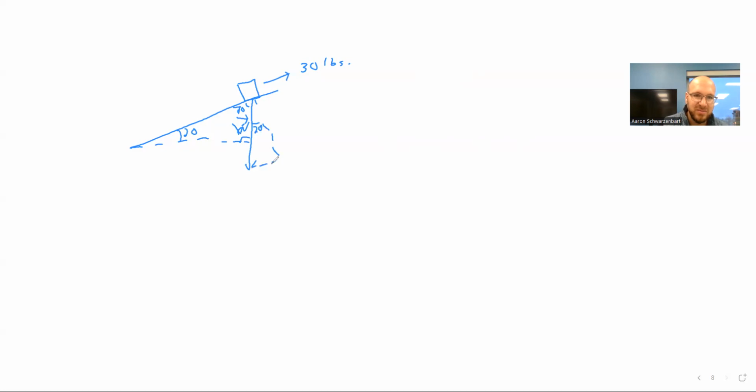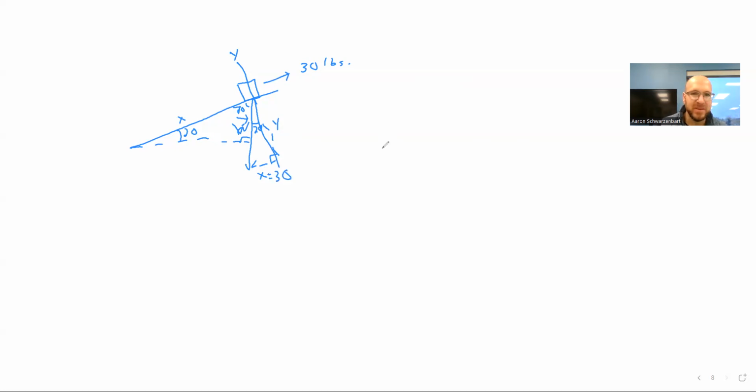So I'm going to draw a right angle to essentially what I've done is taken my X and Y axis and I've tilted them. I'm going to draw a right angle to this axis. It's going to be a little bit off here. So this is Y. Y is actually a cosine here. If I look at that on my 20, cosine is Y. I know that if it's going to balance, the X has to be 30.